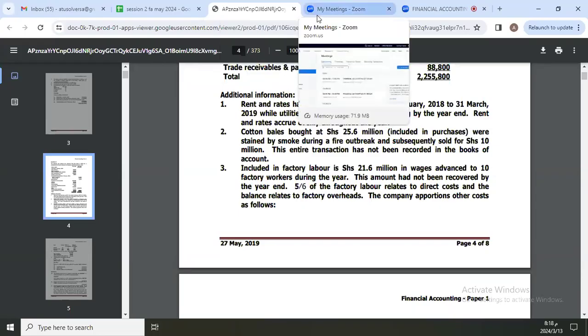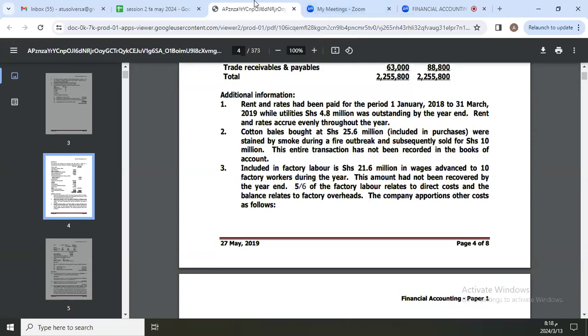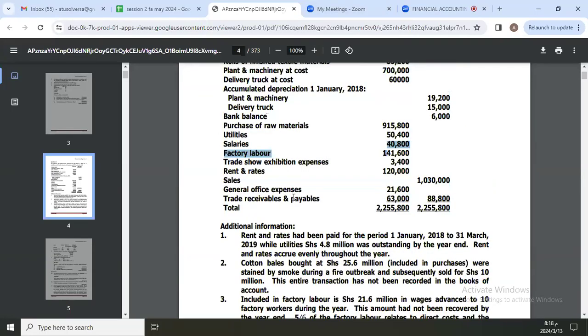How much is your sales? People, do we all have this question? How much is our sales? 1,030,000.